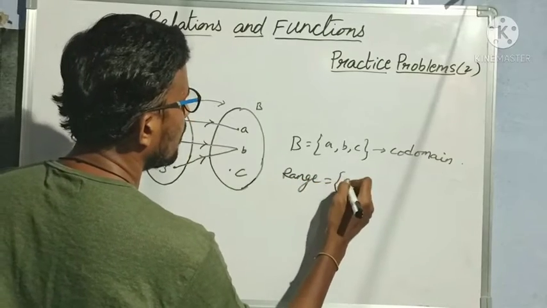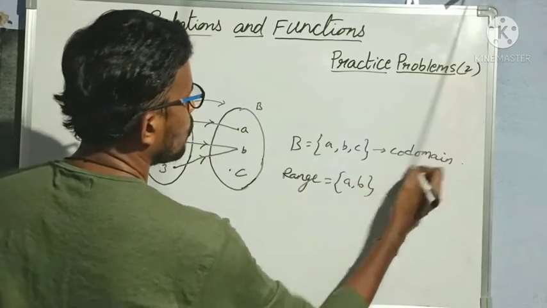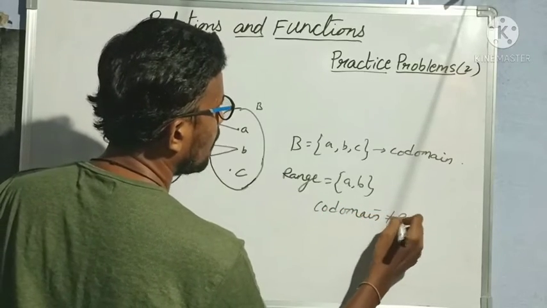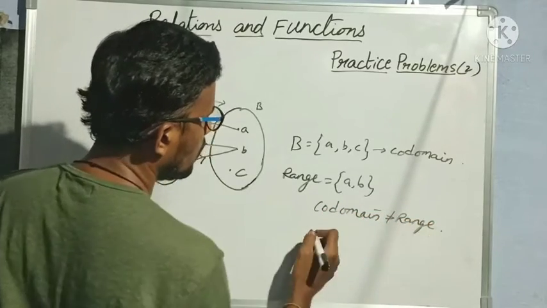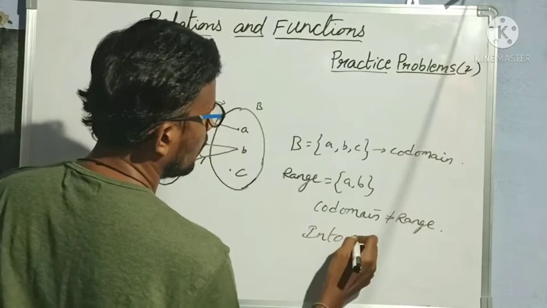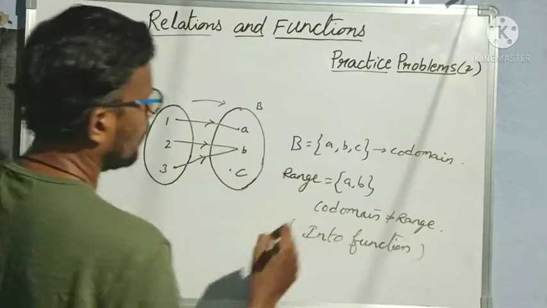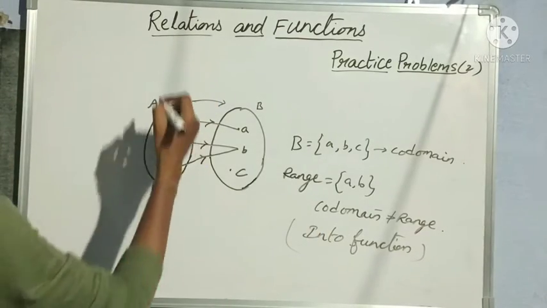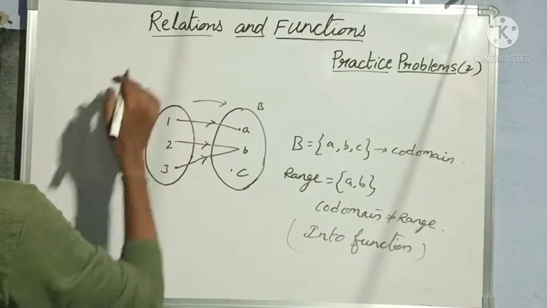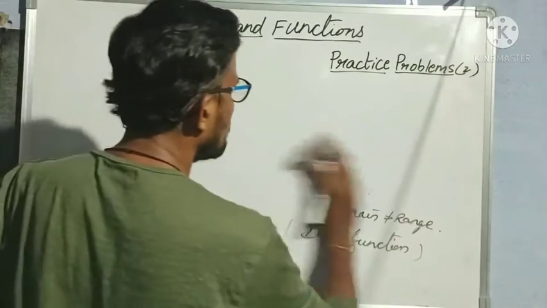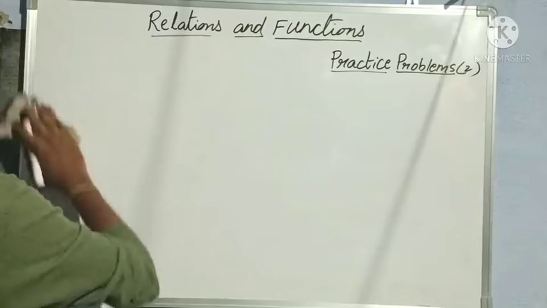So range is only a, b. Is codomain equal to range here? No, codomain is not equal to range. So this function is an into function. So this is about onto function, into function, many one function and one one function. Now let us see some practice problems related to these types of functions.